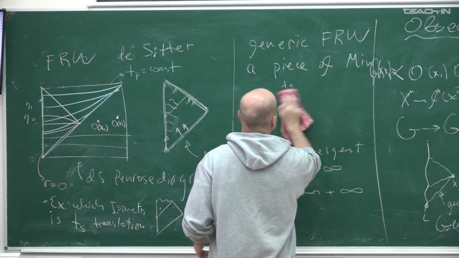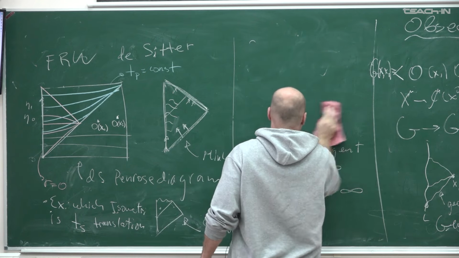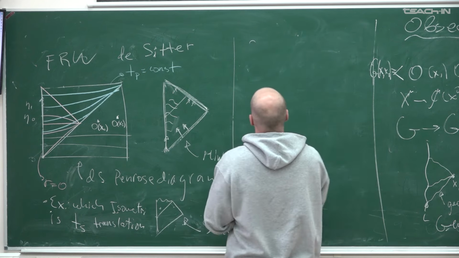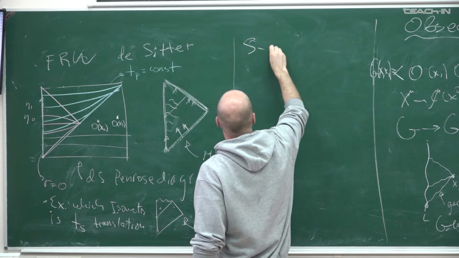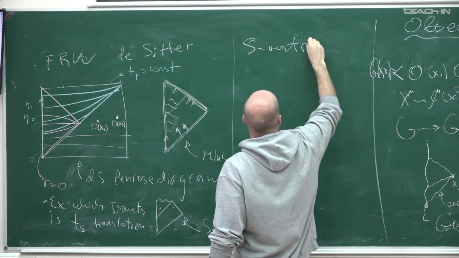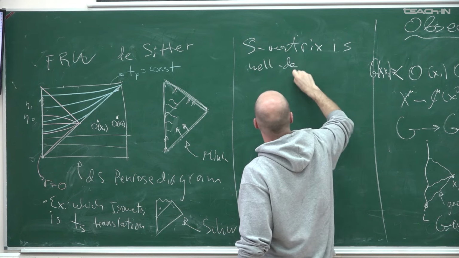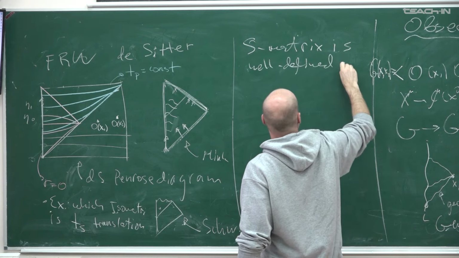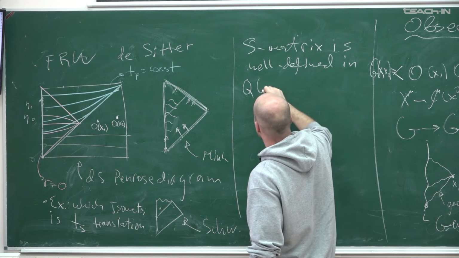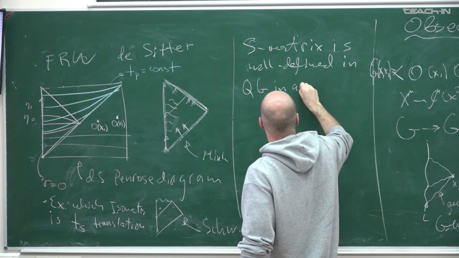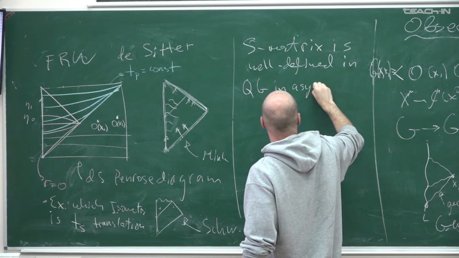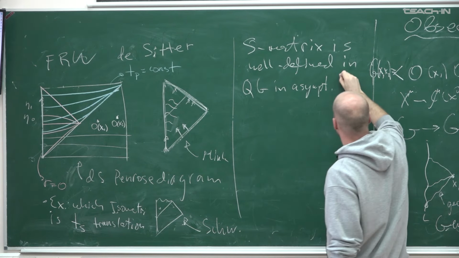Okay, let me erase this. I'll come back to it in a moment. So the S matrix is well defined in quantum gravity in asymptotically Minkowski space.